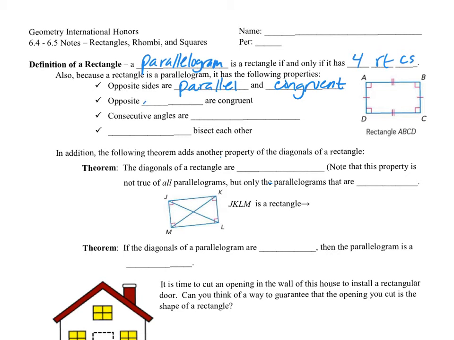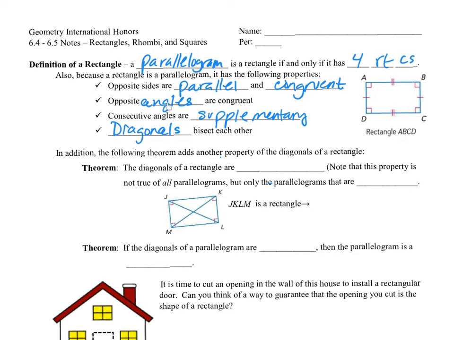Likewise, opposite angles are going to be congruent. Consecutive angles will be supplementary because again, every rectangle is a parallelogram, so any property that applies to parallelograms would apply to rectangles. And last but not least, remember diagonals bisect each other. That is also true of every parallelogram.